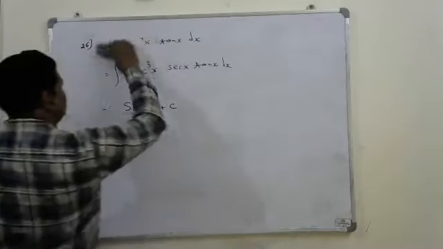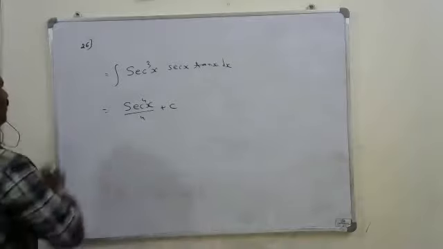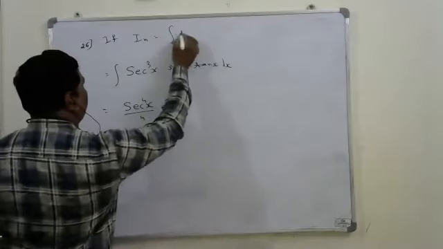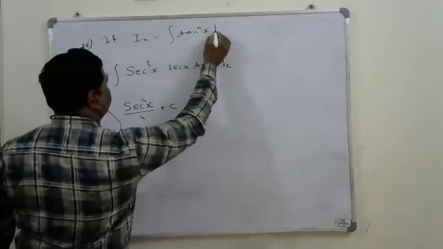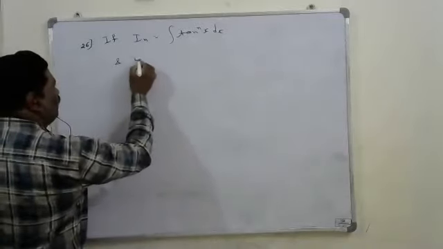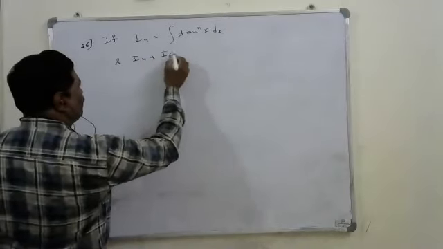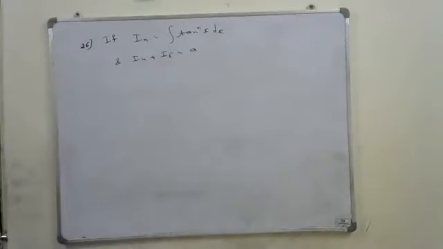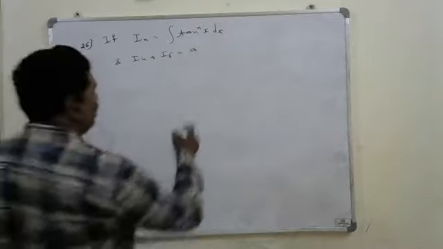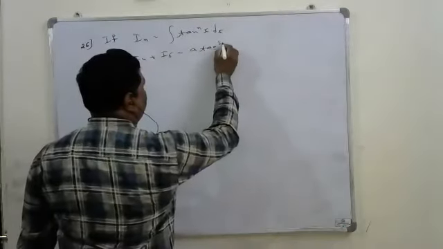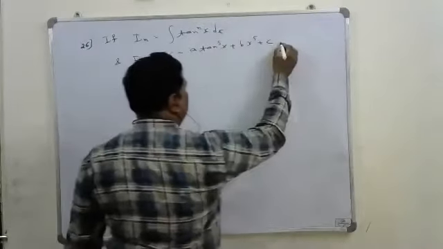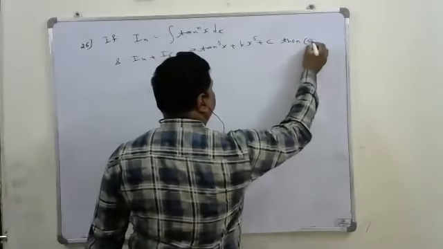Okay. Now look at the 26th problem. Just observe this. If I_n is equal to the integral of tan power n x dx, and I4 plus I6 is equal to a into tan power 5x plus b into x power 5 plus c, then what is the ordered pair a comma b?